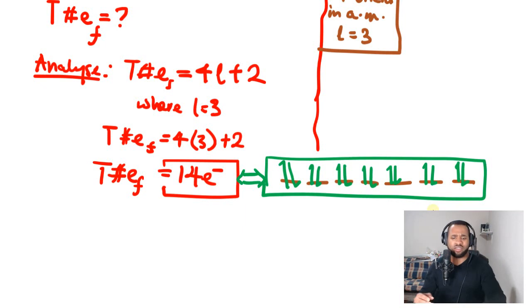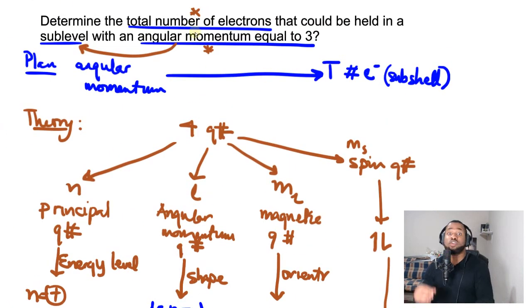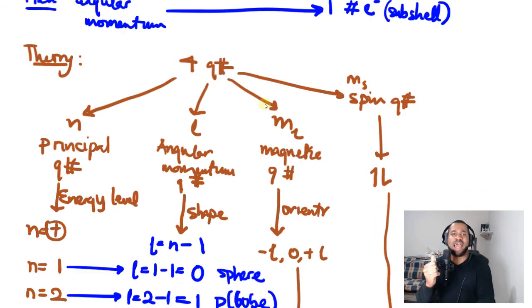I hope you're able to understand the 2 ways by which you can go about solving this question, involving being able to identify the total number of electrons in a specific sub-level, in this case when the angular momentum is given, which is 3. You need to create a plan, and from the plan, look back to your theory.